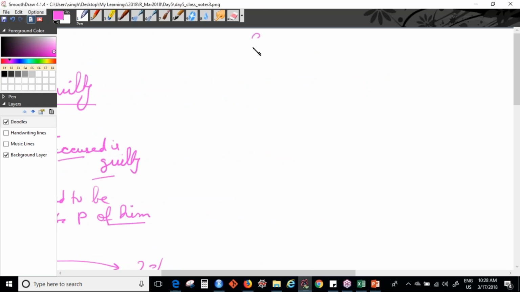So this is the central theorem of all of statistics, and hence it is known as central limit theorem. This is one of the most important theorems, not one of the, in fact, the most important theorem of all statistics. Okay.